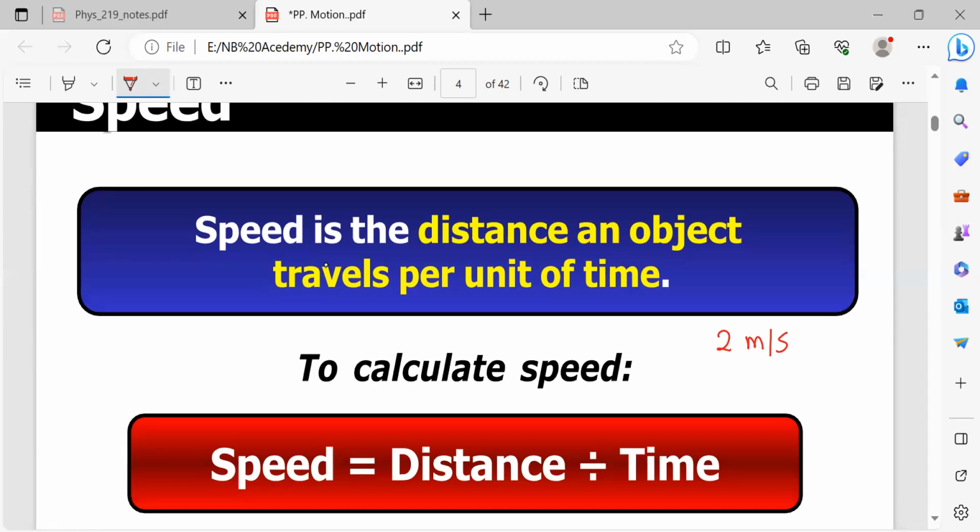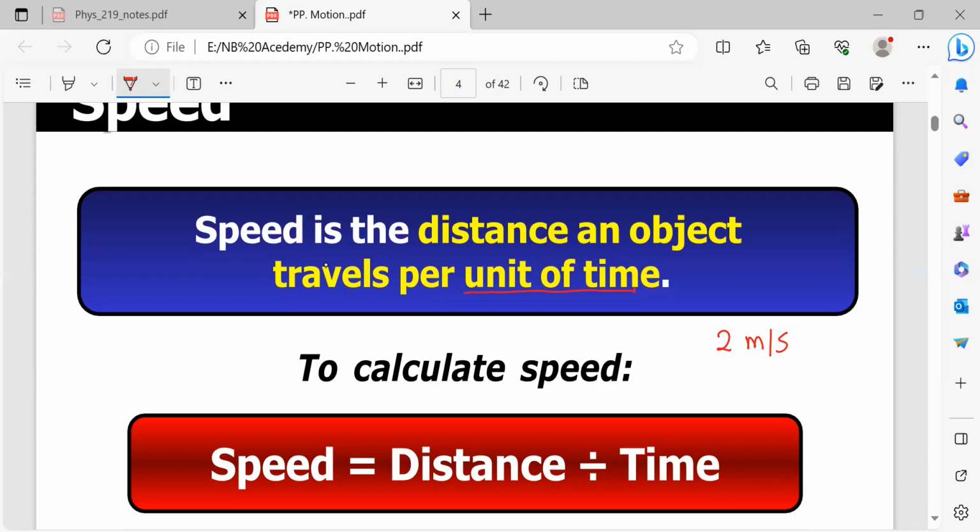It means that the body covers 2 meters in each second, in each unit of time, because the unit of time is second. We know that time is measured in seconds, and distance or displacement is measured in meters.